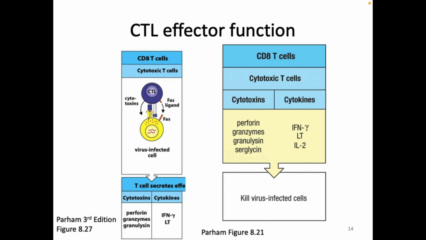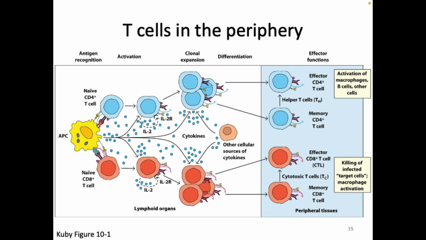I want you to completely ignore that. As far as we're concerned, all T cells make IL-2, because I don't want to get into the weeds there. So we'll just say all T cells make IL-2. The thing that's unique about the CTLs is that they can also make interferon gamma.